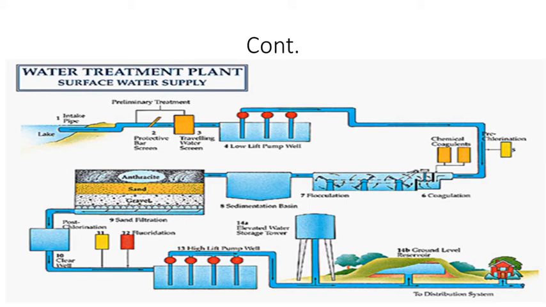Next, if you are considering the method of cleaning, so how to clean the slow sand filter and how to clean the rapid sand filter. If you are considering the method of cleaning for slow sand filter, that is the scraping and removing of the top layer of sand. Up to 1.5 to 3 centimeter thick layer of sand can be replaced by the laborers. Okay, and in case of the rapid sand filter, the method of cleaning is backwashing, that is high pressurized water supplied from the bottom of the filter, and that process is called backwashing.